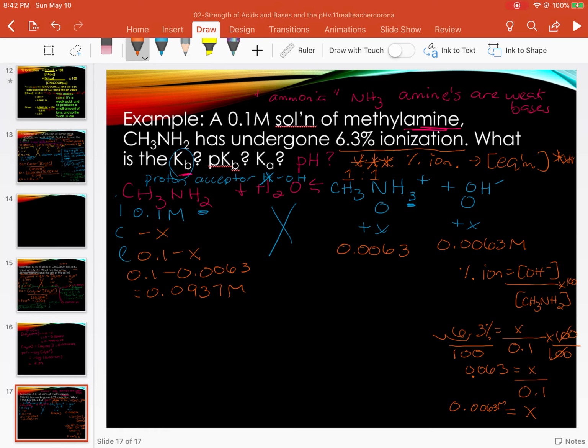They won't subtract the X anyways. So it really actually doesn't matter which you choose. Okay. So products over reactants. These are terrible square brackets, sorry.